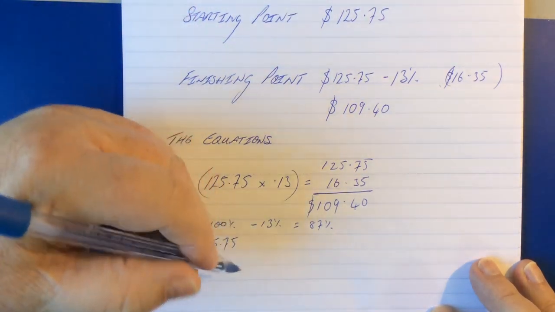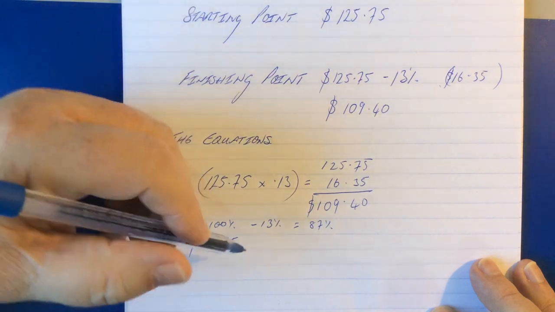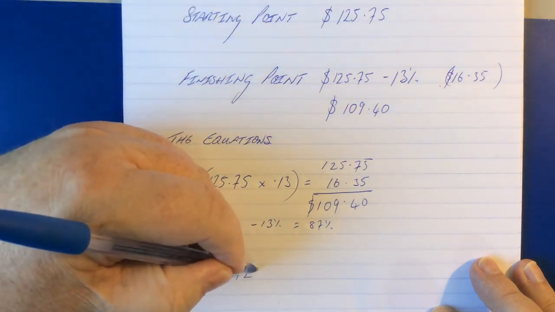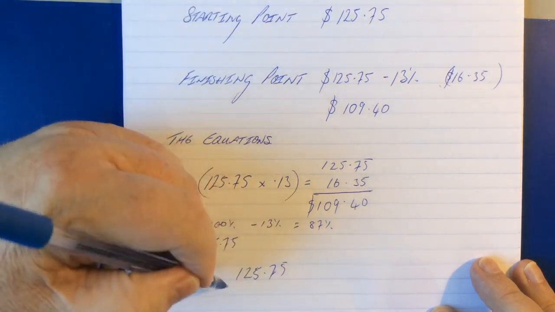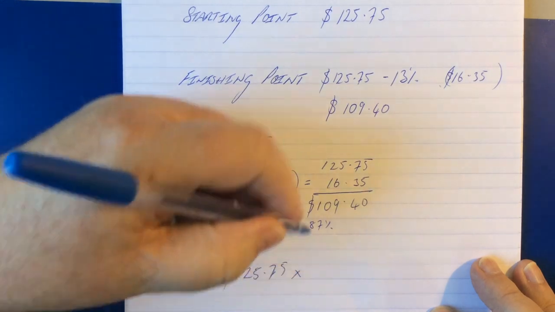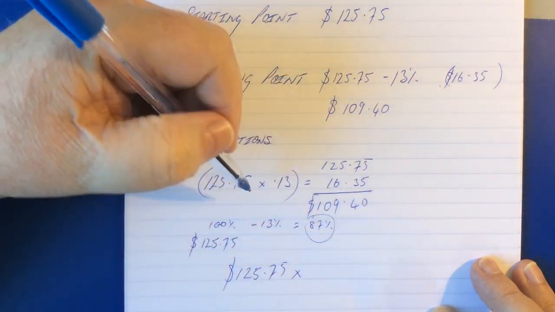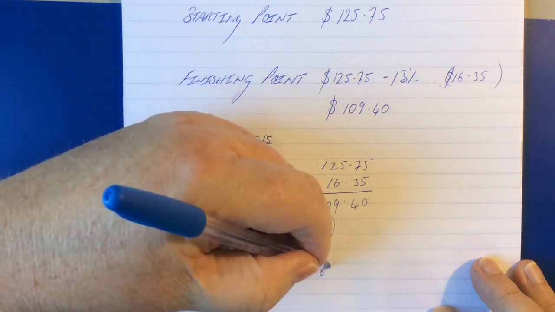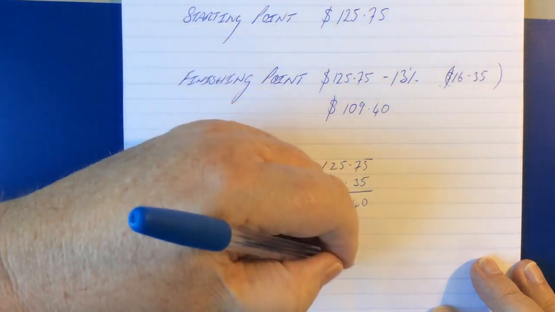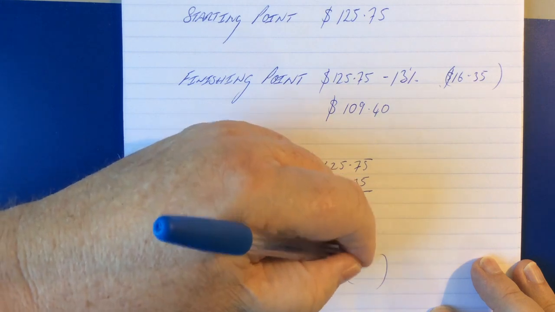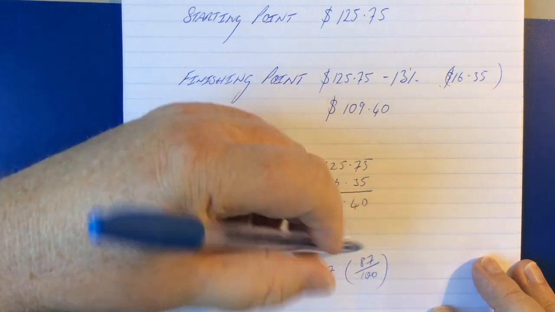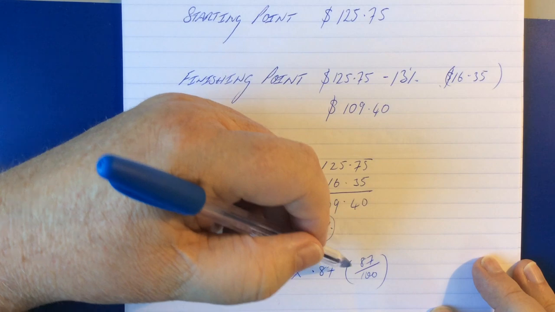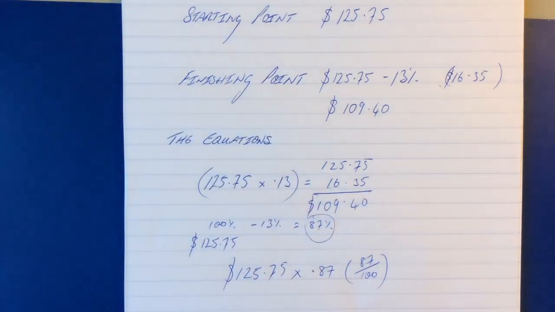So what can we do with that information? Well, we can take our original price and we can multiply it by this as a decimal, or, and I'm going to put this in brackets, 87 over 100, that is 87%. Either of those will work. This you may see when you're starting out with this.